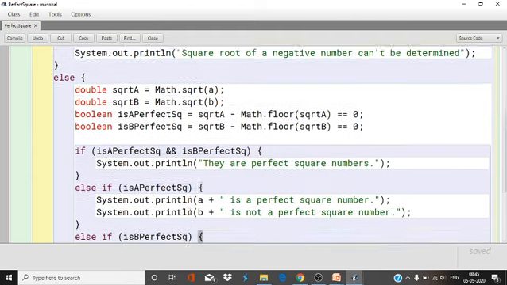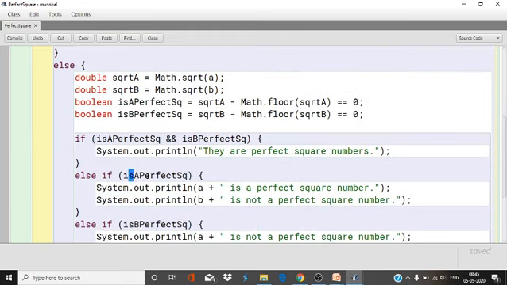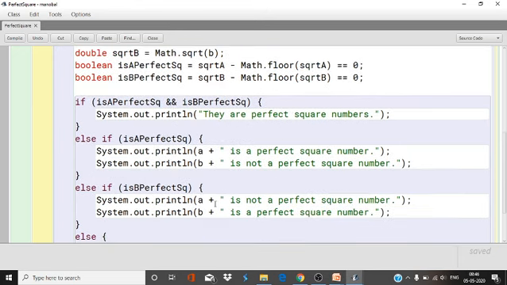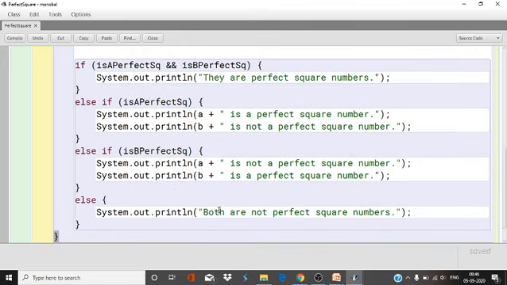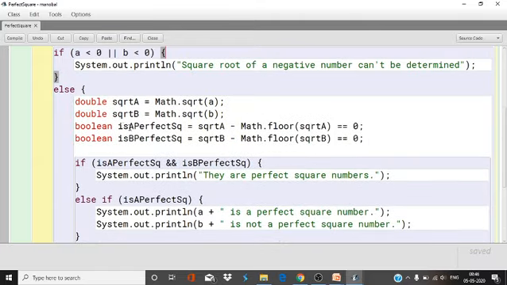If a is a perfect square but b is not, or a is not a perfect square but b is, else both are not perfect squares. So I simply checked with two logics: is a a perfect square, and is b a perfect square.